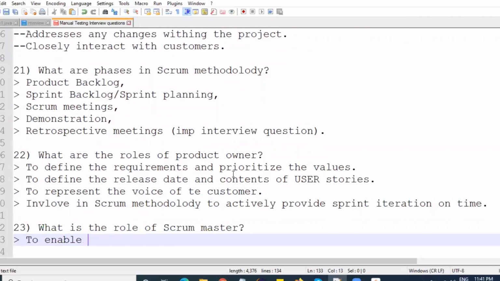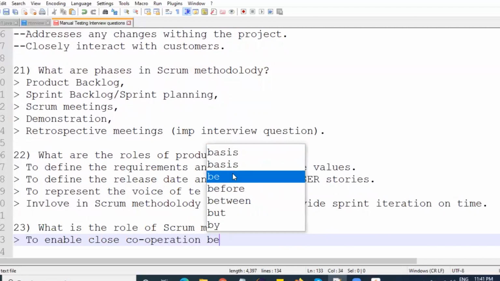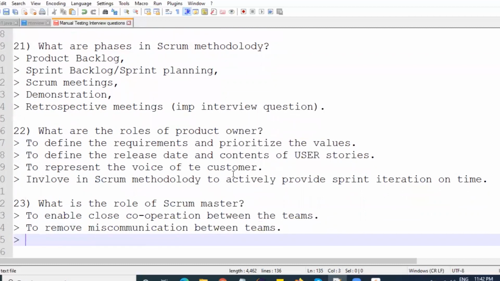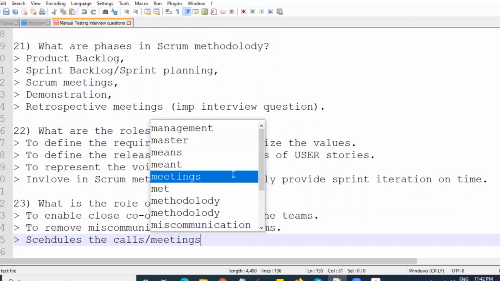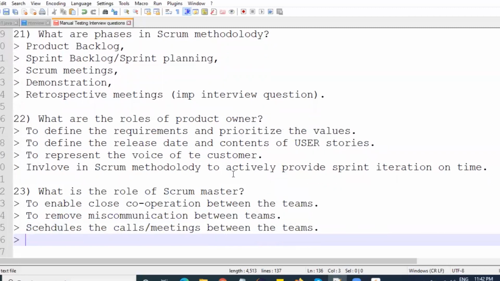He is a person who enables close cooperation between the teams, removes miscommunications between teams, schedules the calls or meetings between the teams, and acts as a shield to his team.